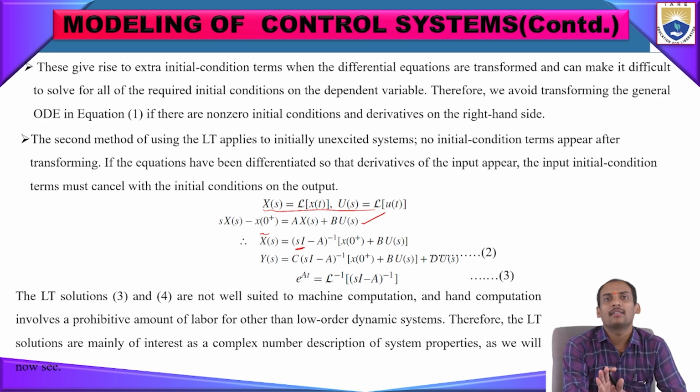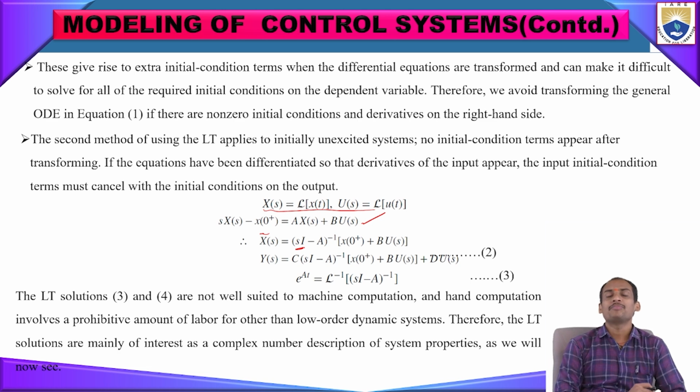So here equations 3 and 4 are not well suited for machine computation, and hand computation involves a prohibitive amount of values also. It is a laborious process for lower order dynamic systems. Therefore, the Laplace transform solutions may mainly be of interest in the complex number description of system properties.